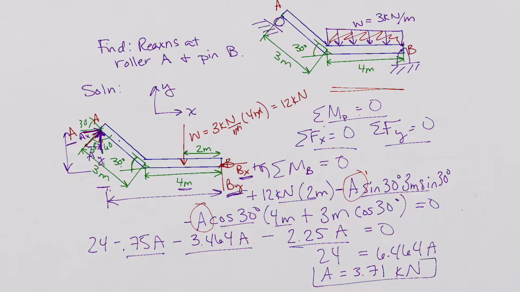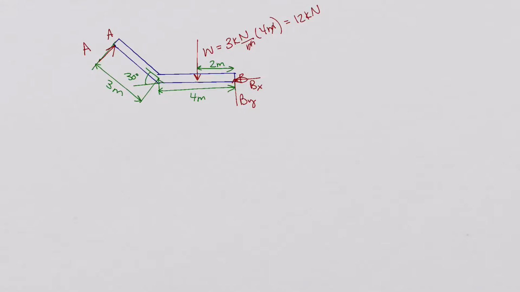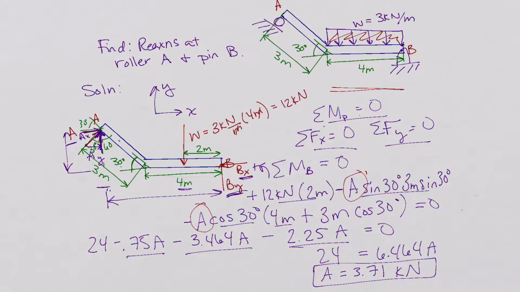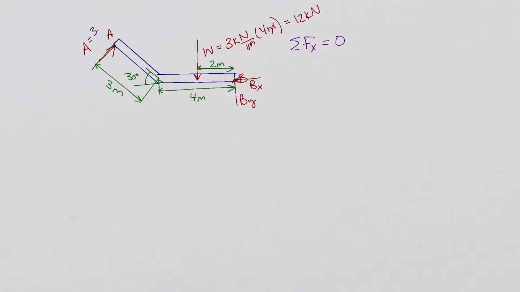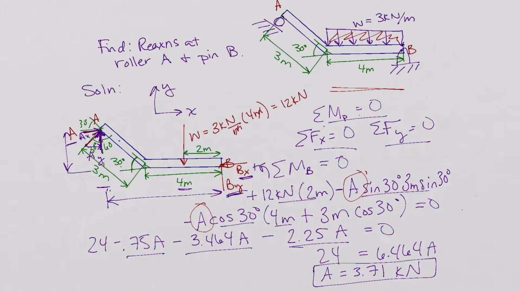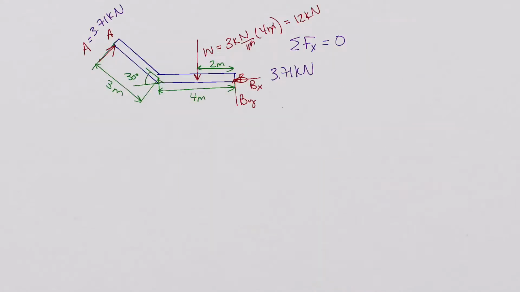So we still have 2 unknowns. Fortunately, we have 2 more equations. So I'm just going to go on to the next page. Now we're going to sum the forces in the x direction equal to 0. That A is 3.71 kilonewtons. So to sum the components in x, we have the x component of the A force, so that's 3.71 kilonewtons times the sine of 30 degrees.